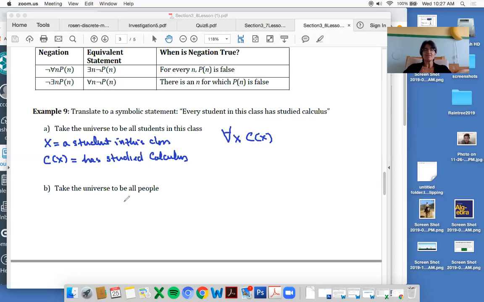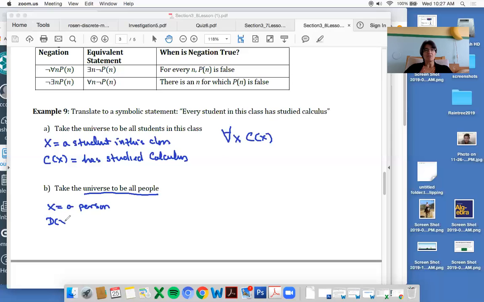All right. Let's see what happens when we change the universe to be all people. Okay. So now x is a person. It could be any person in the world or other planets. But now we basically need two propositions.